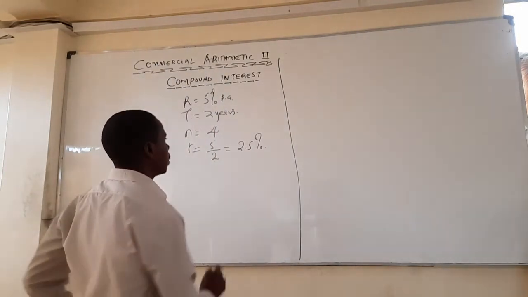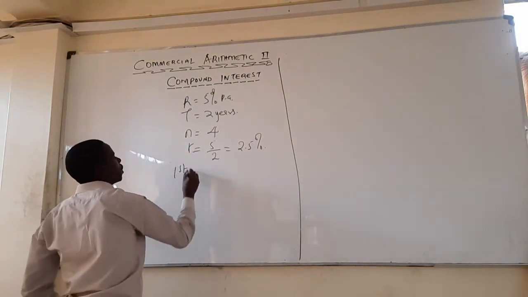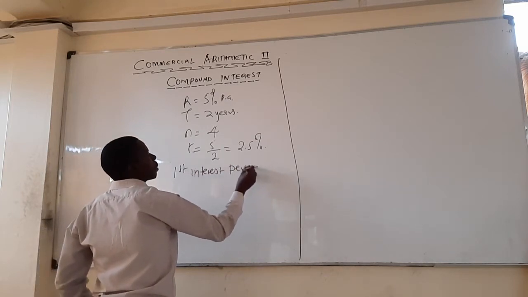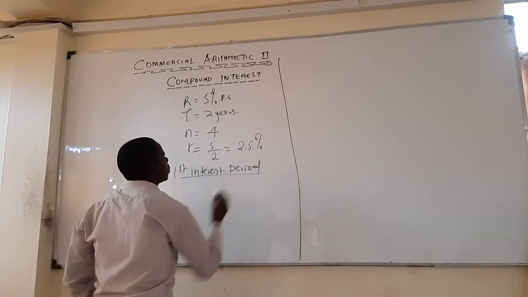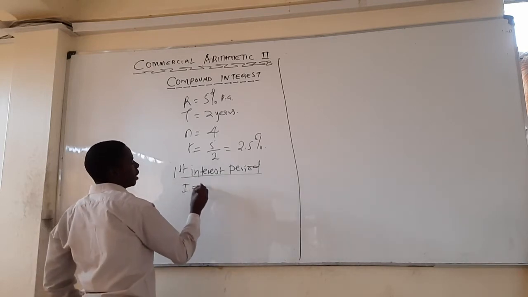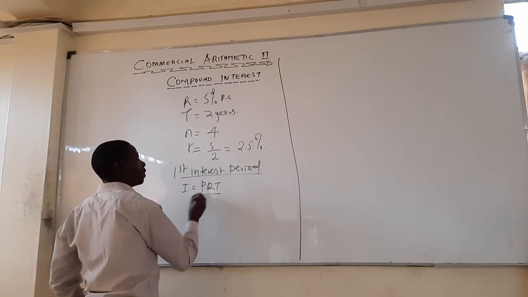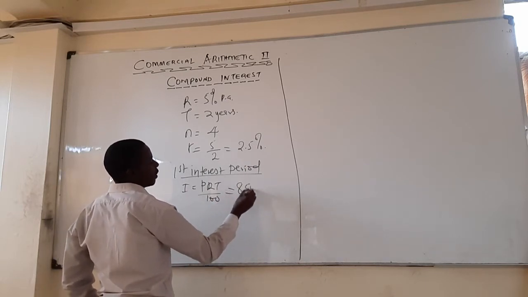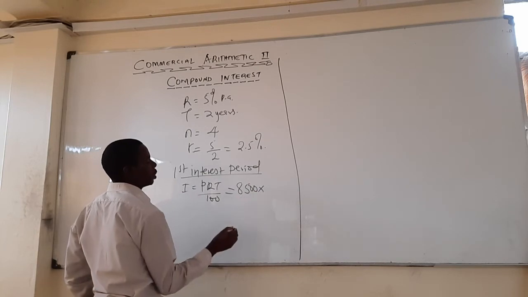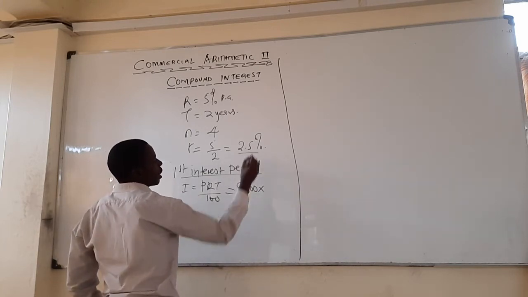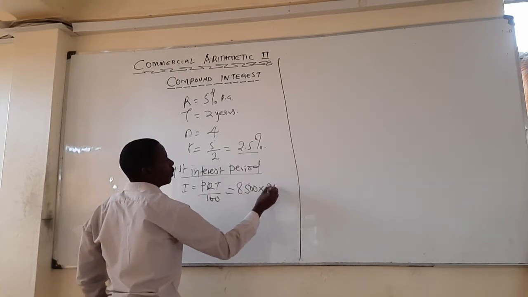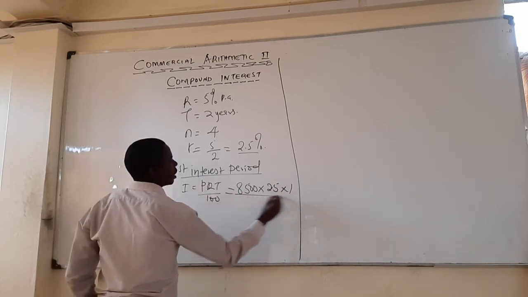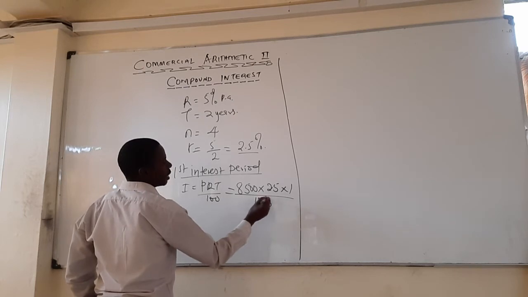Now here we can start the first interest period. I'm going to have interest is PRT over 100, which we have 8,500 times the rate per period, 2.5, times time, which is usually 1 because it's the first period, then you divide by 100.